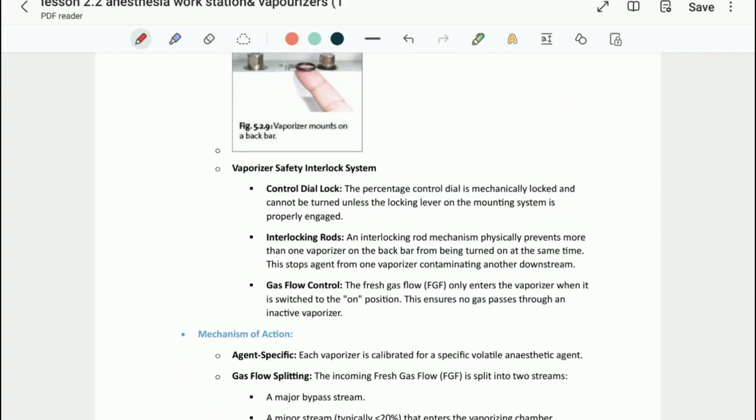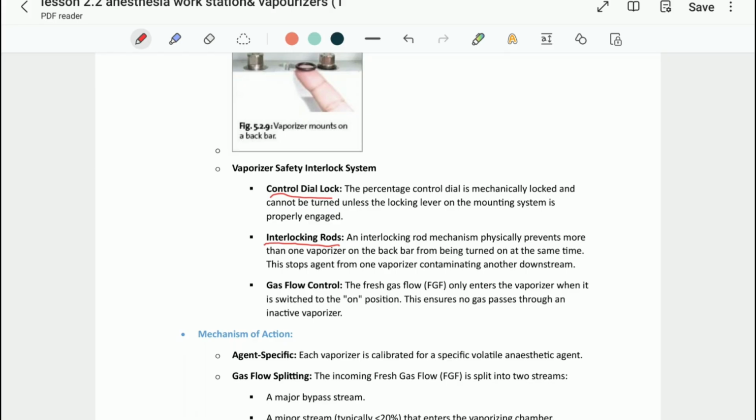The vaporizer safety interlock system includes a control dial lock. The percentage control dial is mechanically locked and cannot be turned unless the locking lever on the mounting system is properly engaged. Then it also has interlocking rods. An interlocking rod mechanism physically prevents more than one vaporizer on the back bar from being turned on at the same time.